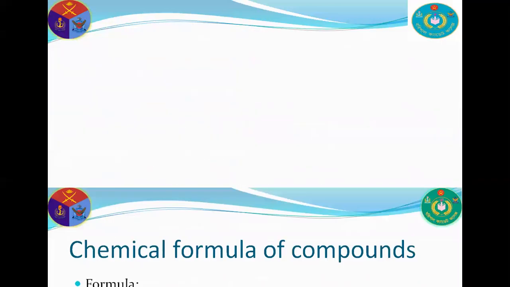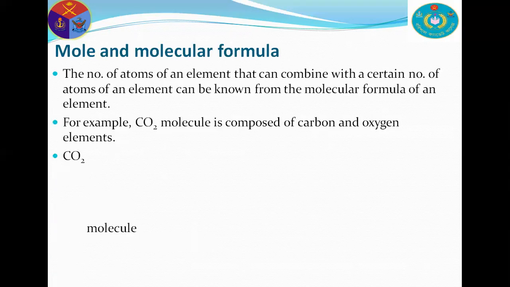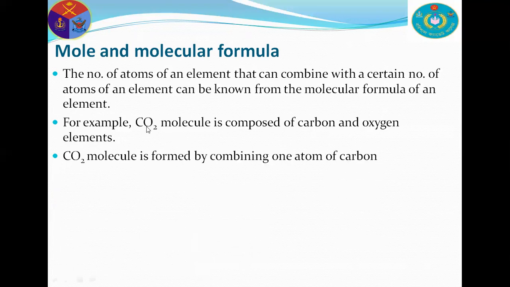Chemical formula of a compound. By following 8 electrons in the outermost energy level and exchanging the valency of the elements, the chemical formula is written. Suppose in the case of carbon dioxide, the valency of carbon is 4 and the valency of oxygen is 2.